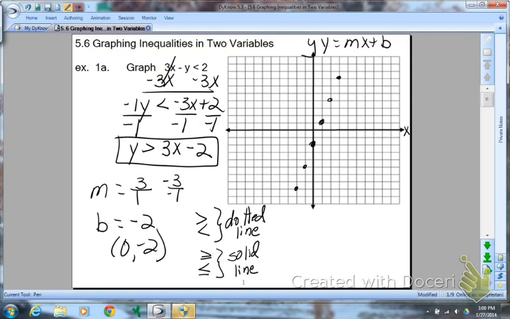So let's go back and look. This is a greater than symbol, so are we going to have a dotted line or a solid line? A dotted line. So using your straight edge, you line it up and dot it, dashed or dotted.